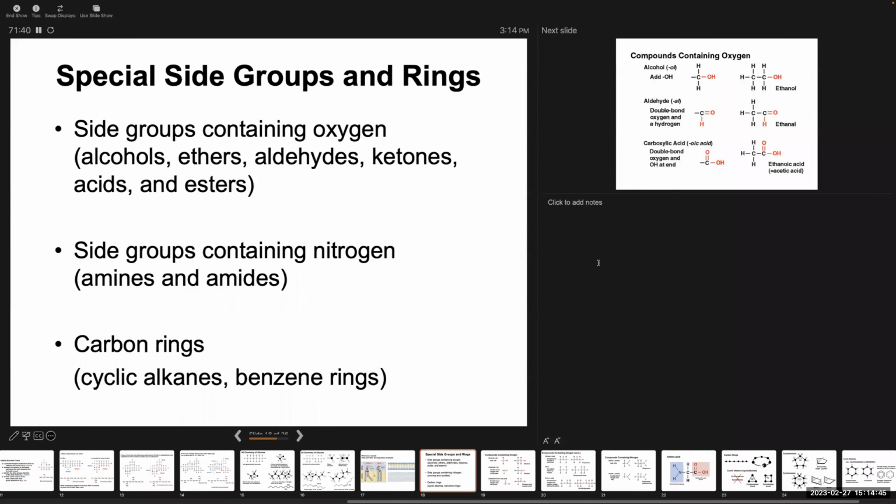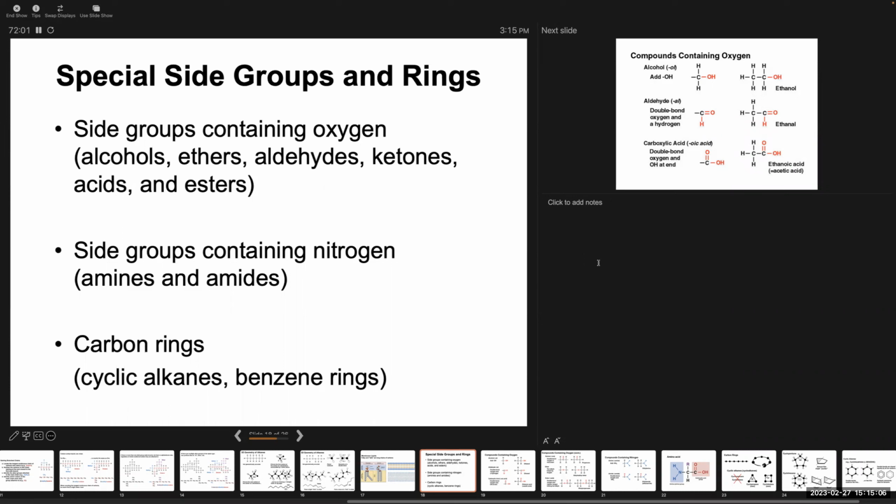So there's a group of side groups that contain oxygen. These include the alcohol groups, ethers, aldehydes, ketones, carboxylic acids, and esters, all of which have very, very different chemical properties, and all of which are involved in biological molecules.